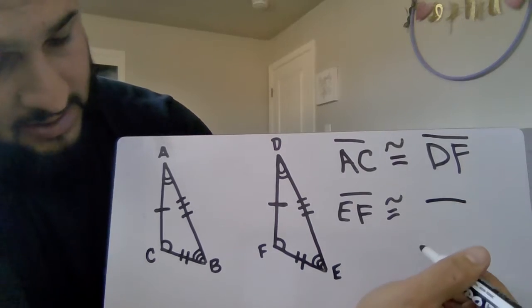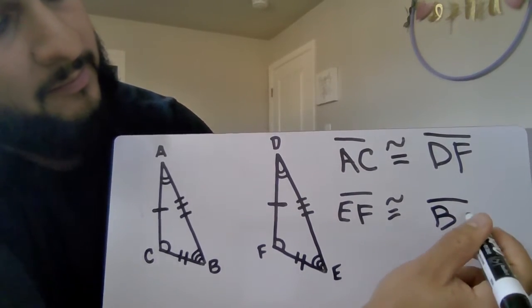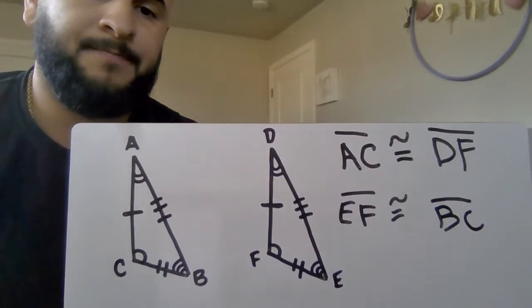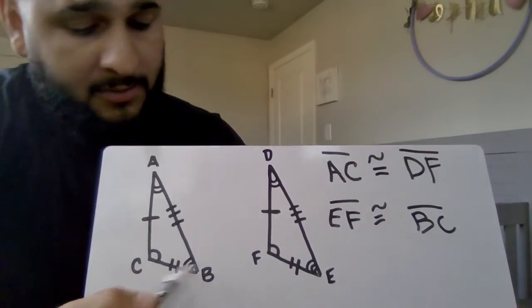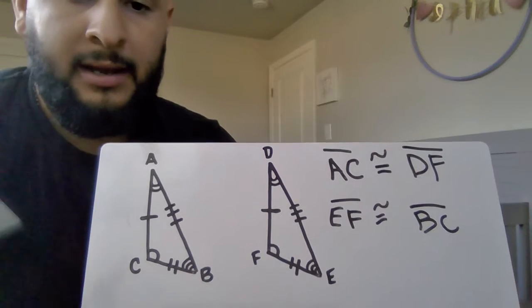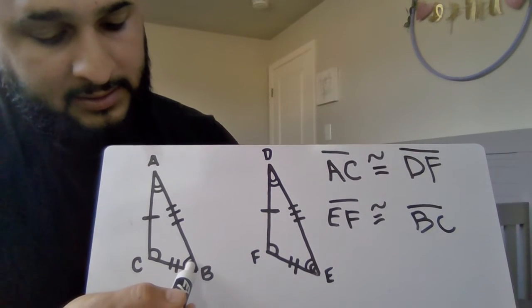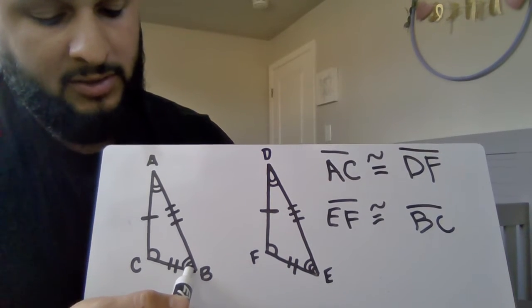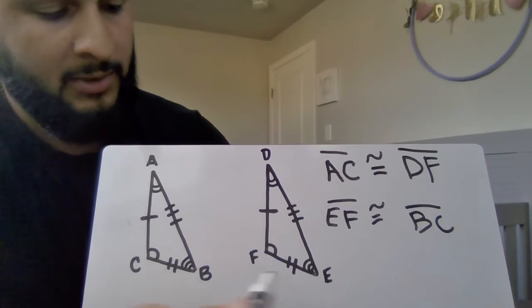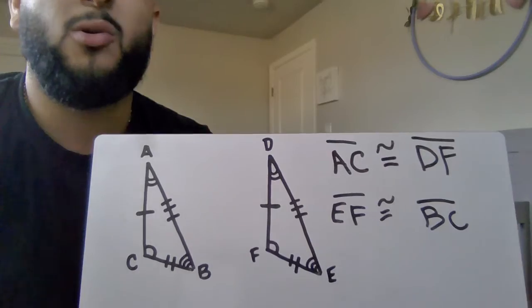So this is line BC that are congruent. I know that because of the number of hash marks they have, and also because this one with three hash marks, this angle is the starting point, and then it ended with one that only had one. Same with this one, so they're corresponding angles and sides.